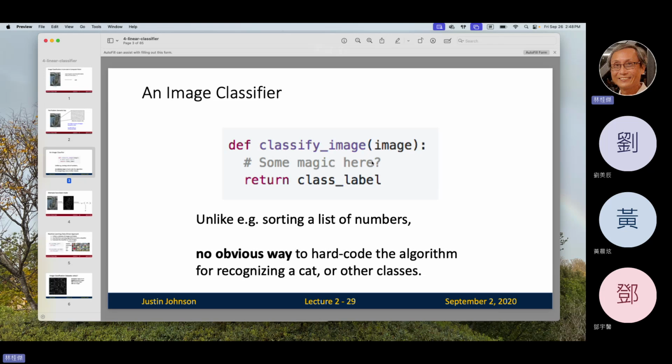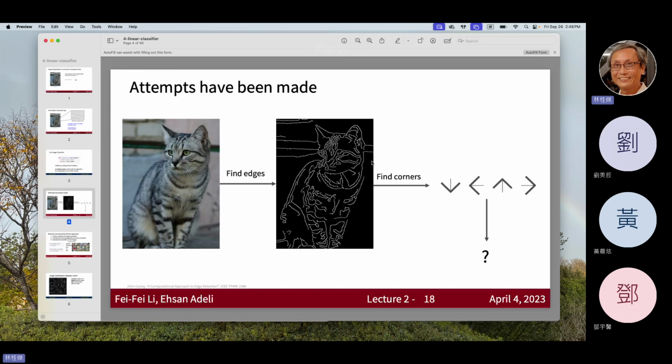We simply input the image, and we expect it to return some prediction to us, which is going to be the class label. Inside is going to be your code, whatever your model is. That's how we do it. Computer vision is a field which has been around for a long time.